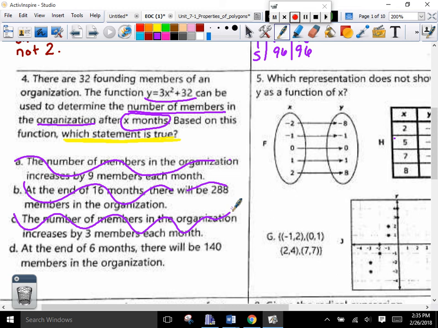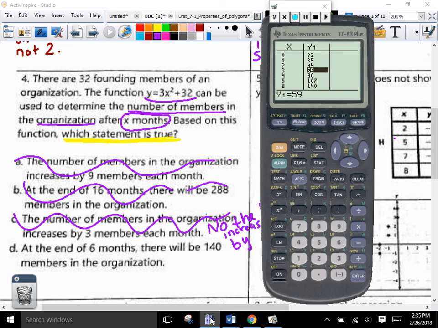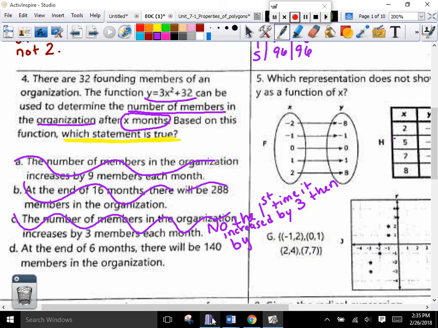And we can write: no. The first time it increased by 3, then by 9.